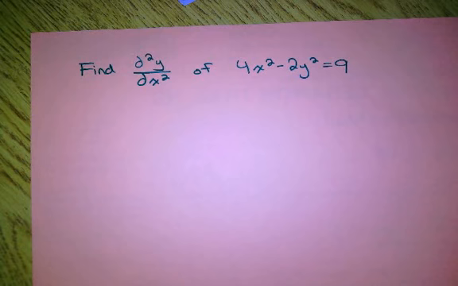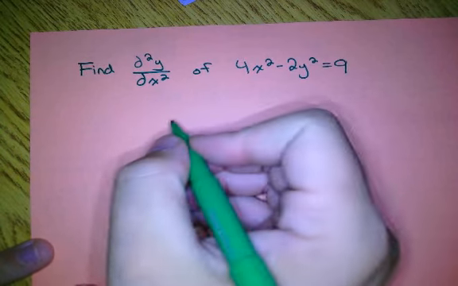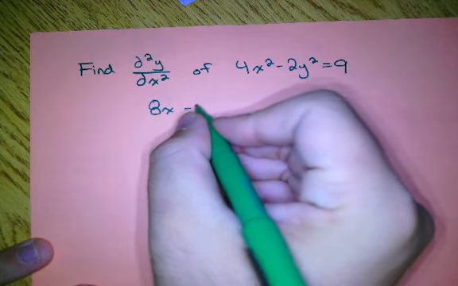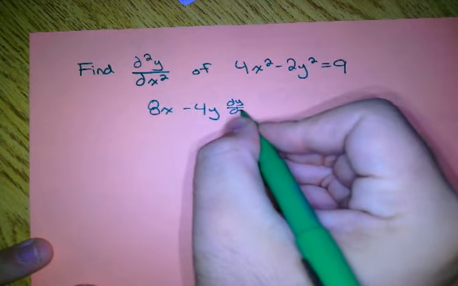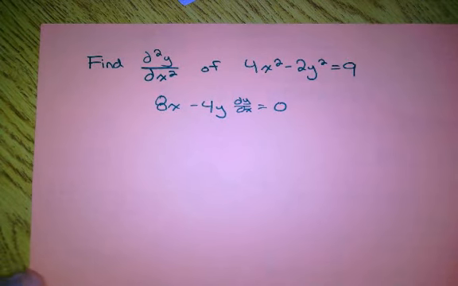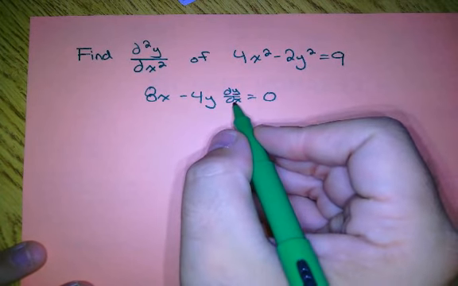So, which derivative of this going all the way through? 8x minus 4y dy/dx equals 0. So what is dy/dx? Can I do this in one step, or does that scare you?